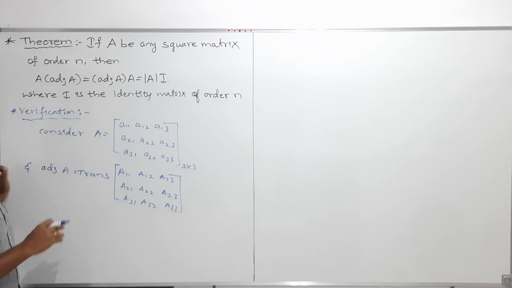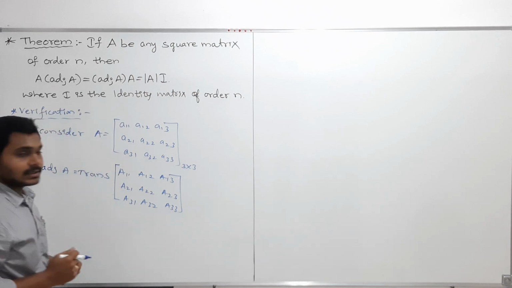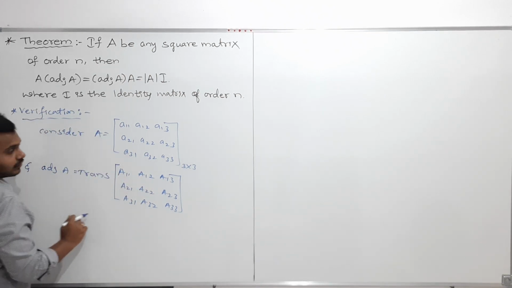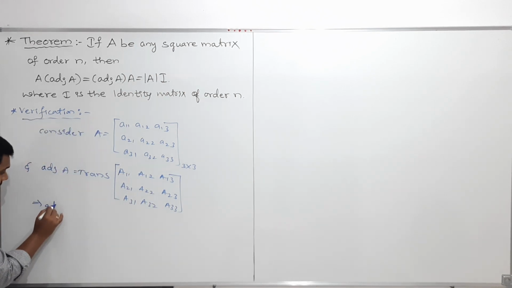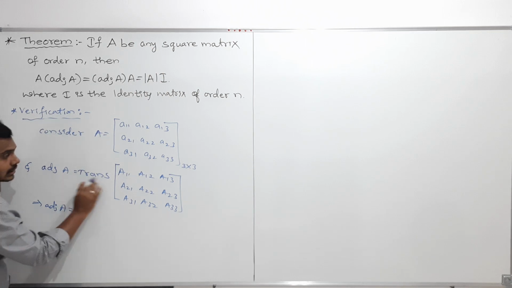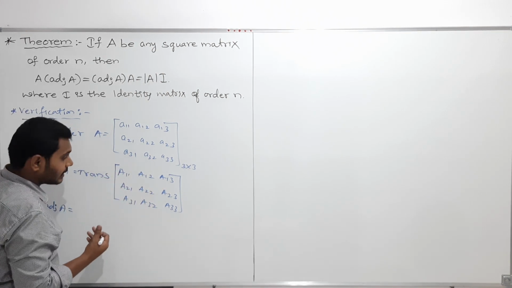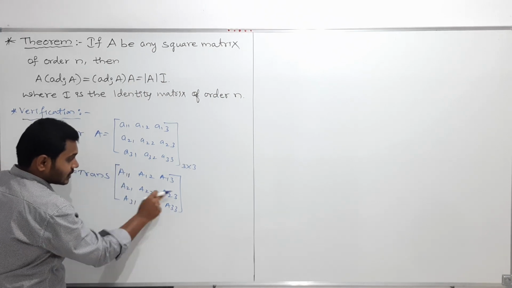In the earlier class I told you how to find the cofactor of any element. Clear? Now, my students, we should take the transpose of this matrix. The transpose is written by interchanging rows into columns.